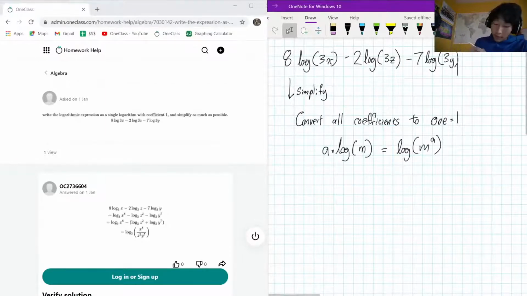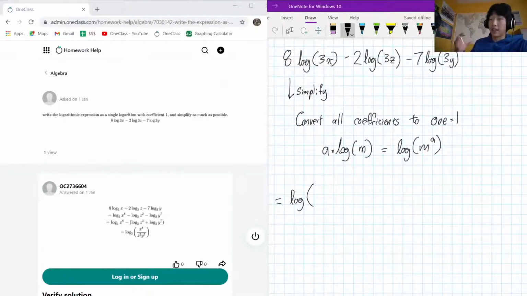Okay. So for the first term, we want to bring the 8 in as the power. That's going to be log. Now remember, it's everything inside the brackets of the log. So it's going to be 3x to the power of 8. The 8 came from there. Now we want to convert this to a plus.